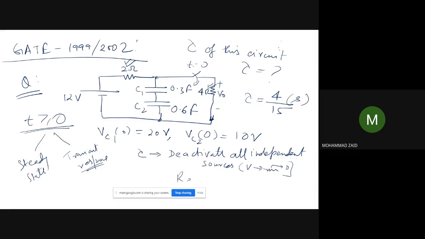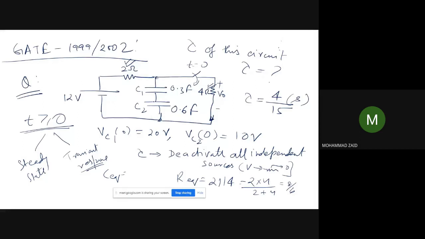So R equivalent is 2 in parallel with 4, that is 2 into 4 divided by 2 plus 4, which is 8 divided by 6. And C equivalent is the series combination of both these capacitances.